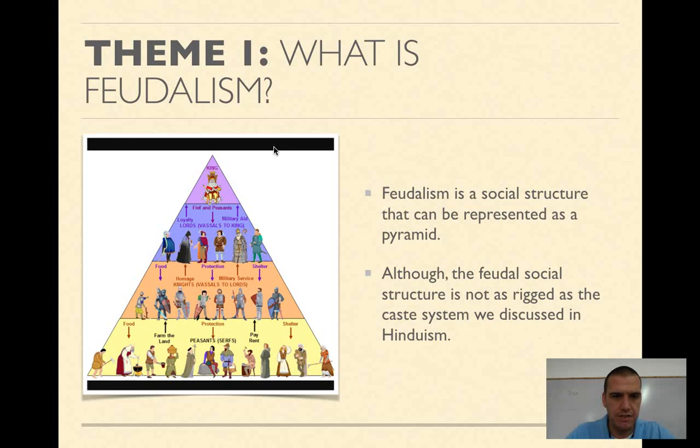So you can see how the social structure flows, and what each class, in exchange for allegiance, gives the other. So allegiance to the king, a lord gets a fief and peasants. That means he's getting land and workers.